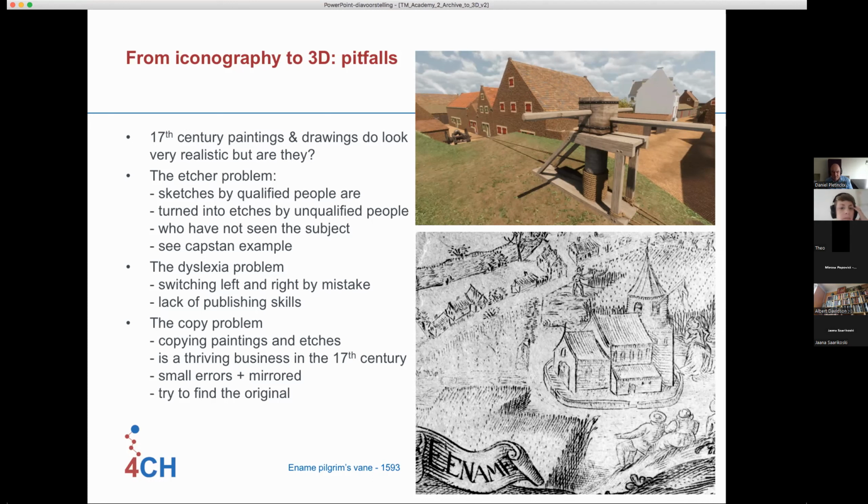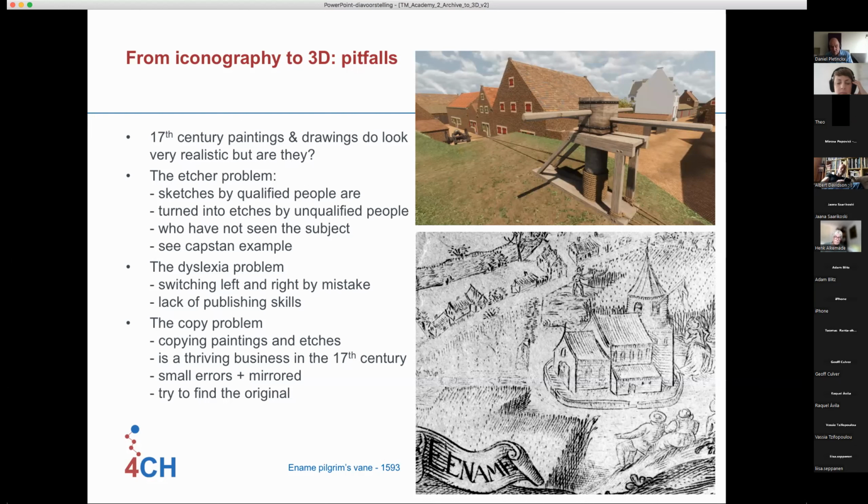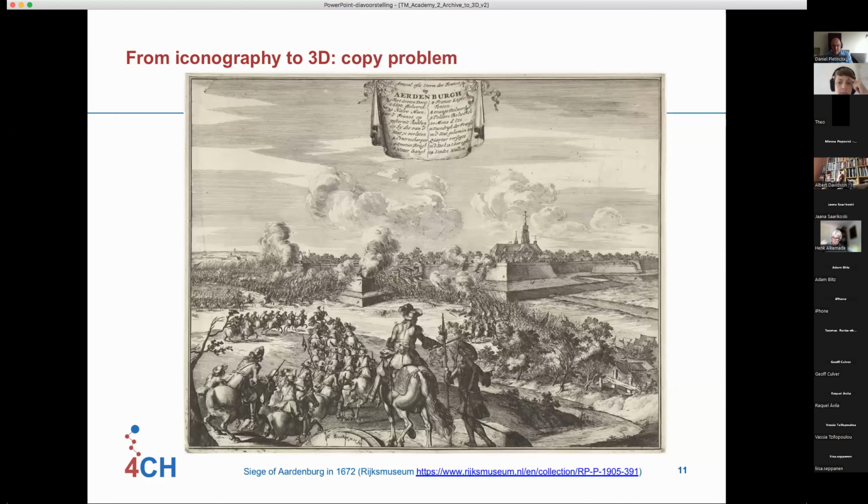These kinds of small problems give away that it is a copy of an etch. What we always try to do, and we see that regularly, especially in the 17th century, is to find the original one or the most original one. So let me give you an example of this.